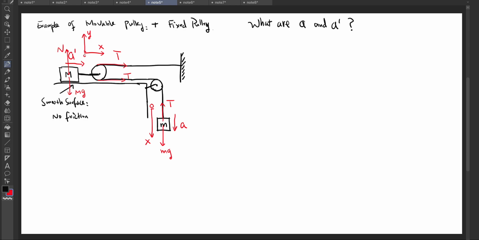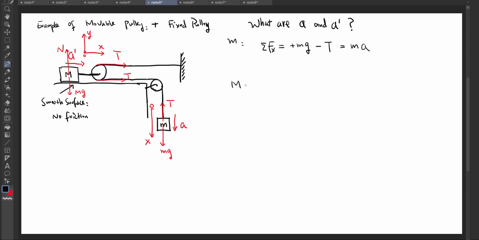So a 2D coordinate system. Now let's write down the equation for the little m. We only have one equation for it, which is net force equals positive little mg, right, because it's in the same direction as this x-axis, negative tension force, equals ma.